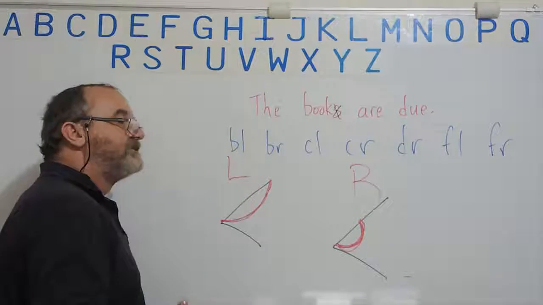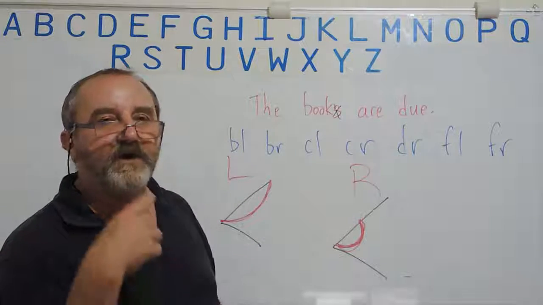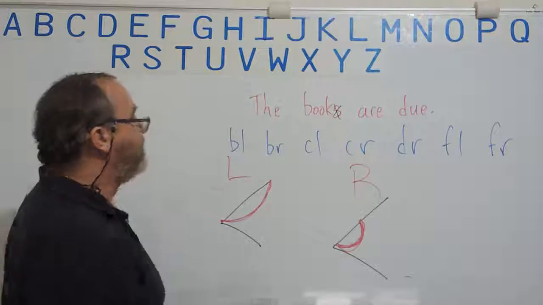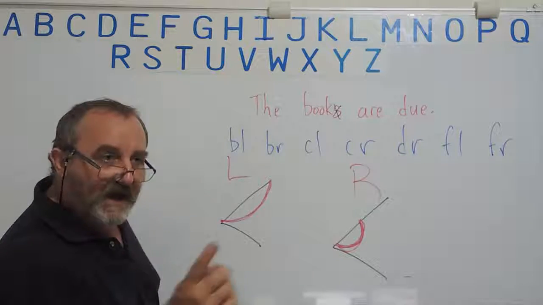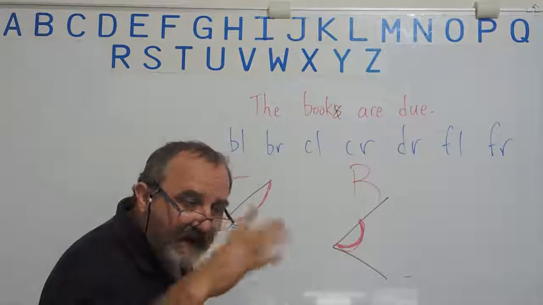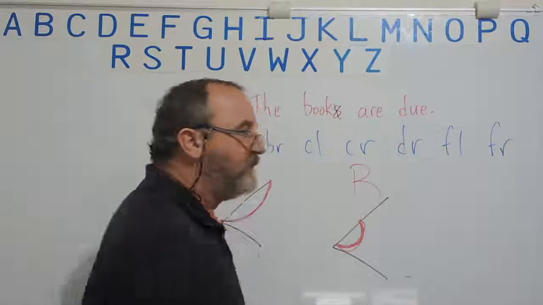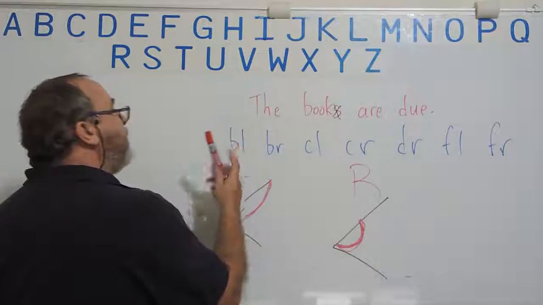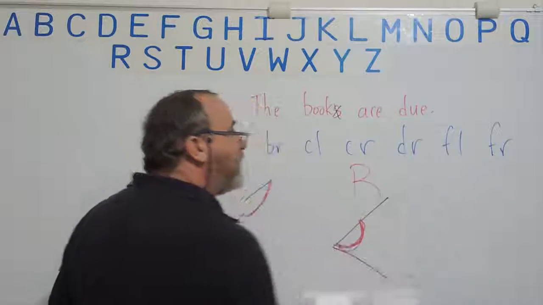All right, so we got the L and we got the R. Now, I don't want to see your L like I want to see your TH, all right? But if I don't hear you speaking correctly, I'm going to say, show me that again. And I'm going to get close enough to see right into your mouth. And believe me, the underside of the tongue is really not so pretty. All right? Bara, bara, kala, kara, dara, fala, fara.